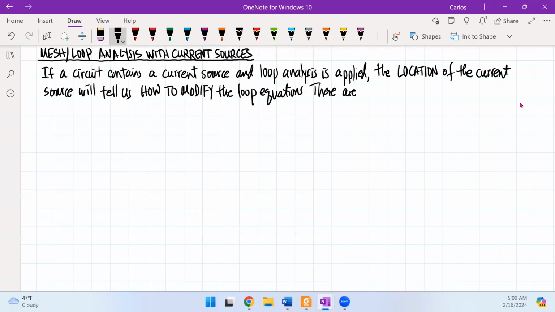There are two possible positions or locations.